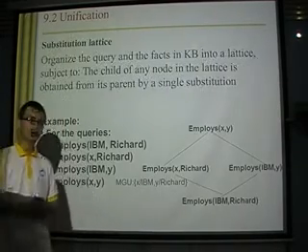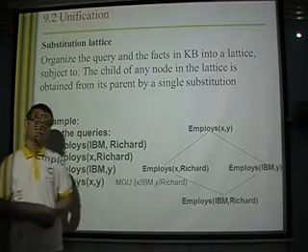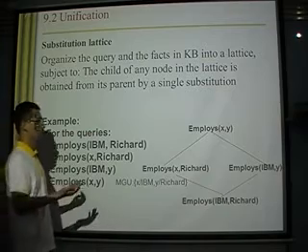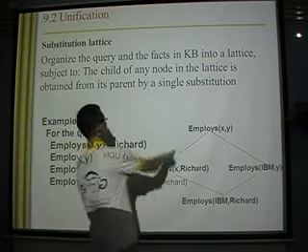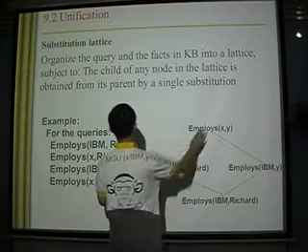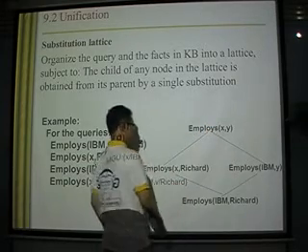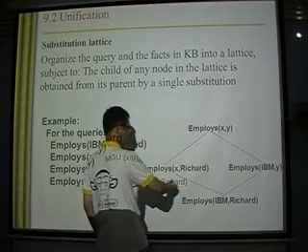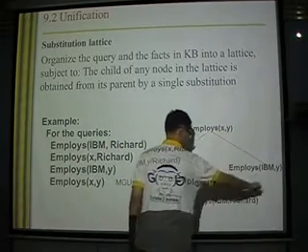And we can construct a substitution lattice, which is to organize the query and the facts in the knowledge base. This lattice has the following property. The child of any node in the lattice is obtained from its parent by a single substitution. For example, if we apply Richard to Y, we get this fact, and if we apply IBM to X, we get this one.